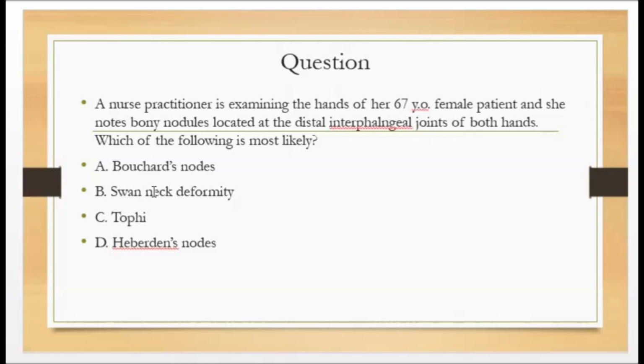If you listen to me in the video, you're going to hear boutonniere deformity. That is what they have. But osteoarthritis has only Bouchard's nodes and Heberden's nodes. There are no Heberden's nodes in rheumatoid arthritis.